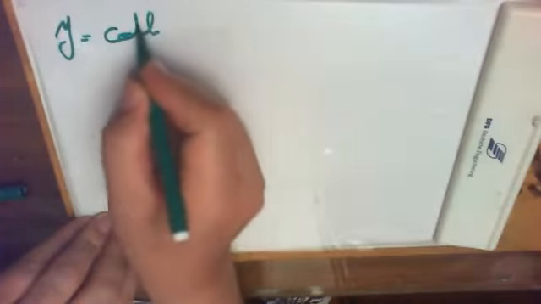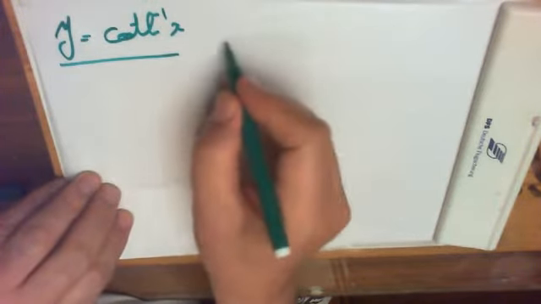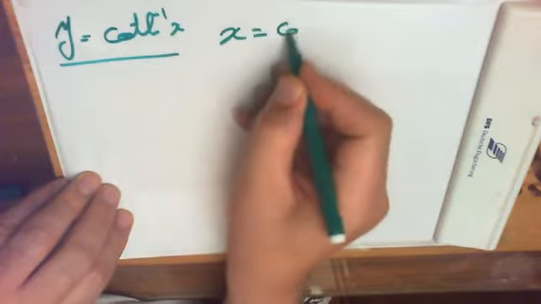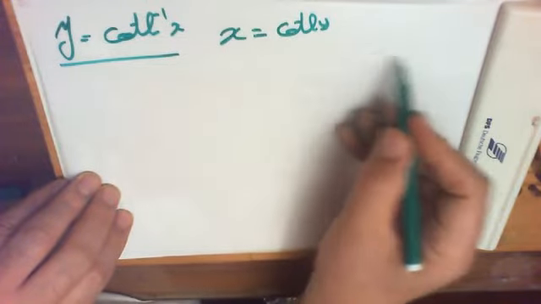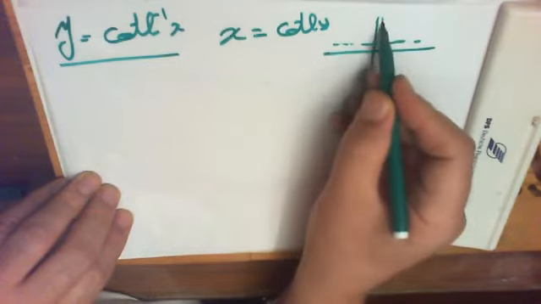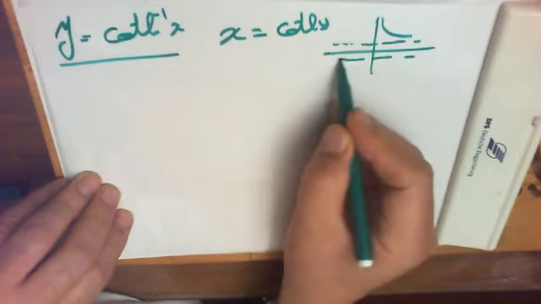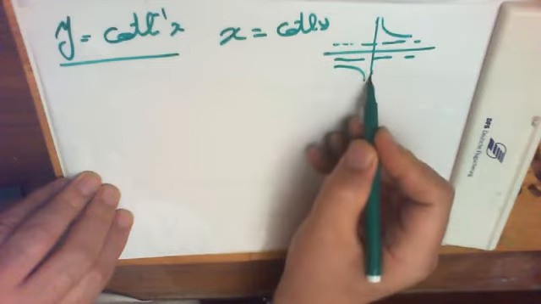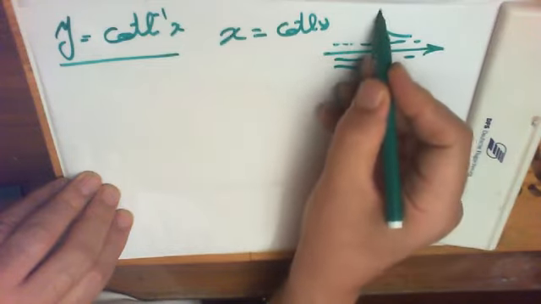The next function is coth minus 1 x, y equals coth minus 1 x. Okay, this means x equals coth y. If you remember, the coth was like this, as we said that its principal branch is the same.